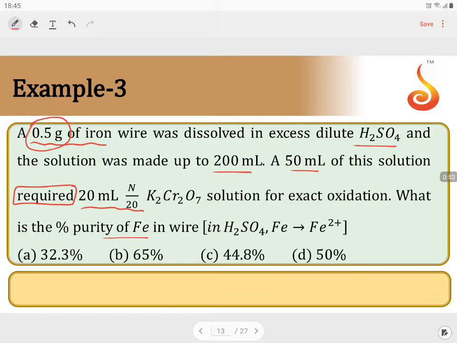It says 50 ml of the resulting solution, formed by adding iron to H2SO4 and made up to 200 ml, is taken. That 50 ml is reacting completely with 20 ml of N/20 K2Cr2O7.